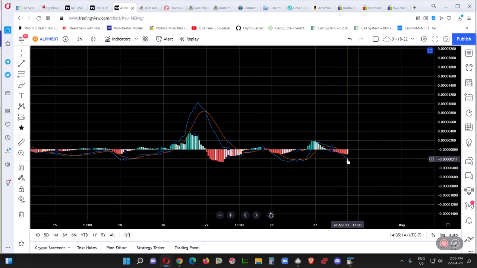So remember, the blue line is MACD, orange line, signal line. So when it crosses this way, that's bearish. Price is going to go down. When it crosses back up, like here, here, or here, then the price is going to go up. So that's a good way to set an alert.